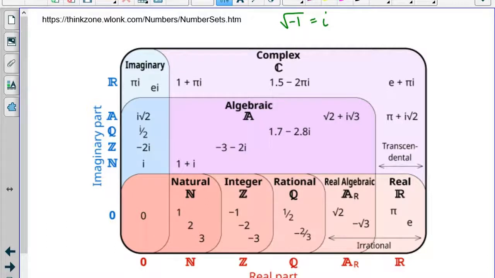Notice that there are some irrational numbers over here, but you can also have irrational imaginaries and other things like that over here. So this picture kind of encompasses everything, and it's probably more complicated than most of you want to get into. But this picture can help you visualize what the number sets look like.